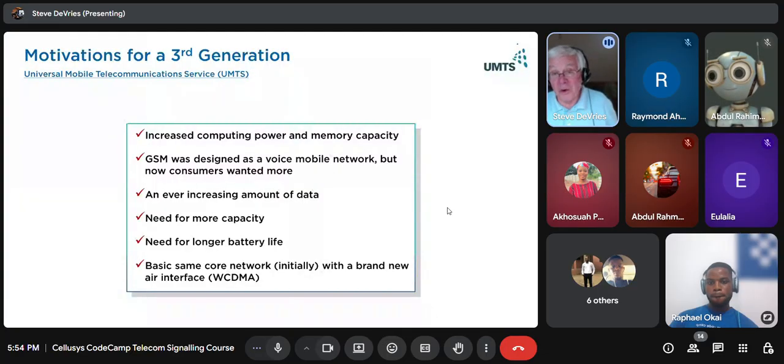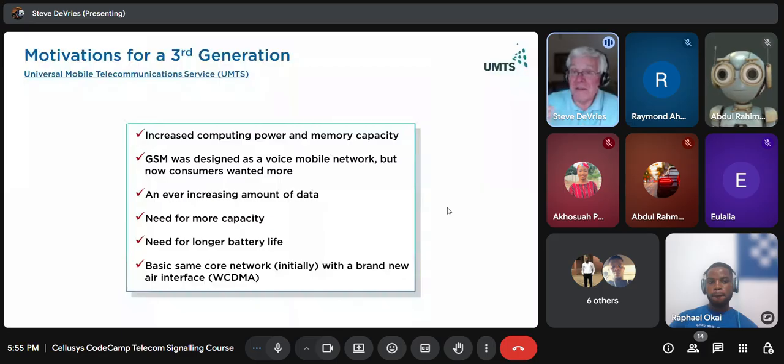Well, the mobile phones were getting more intelligent and had better memory capacity. GSM was designed for voice, but consumers were beginning to use their phones for more than just voice. More and more data, again slow data.